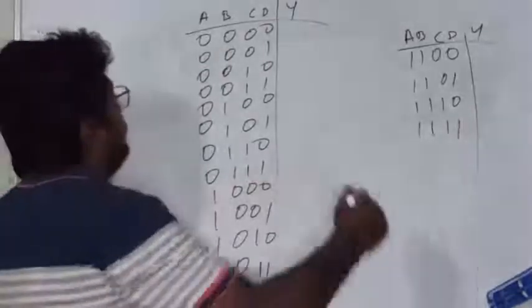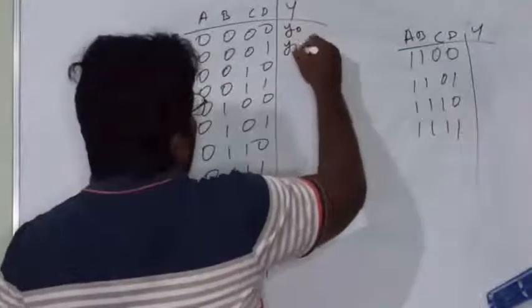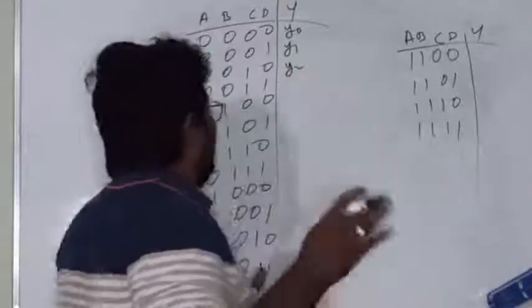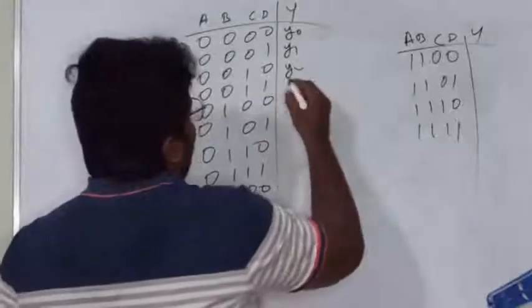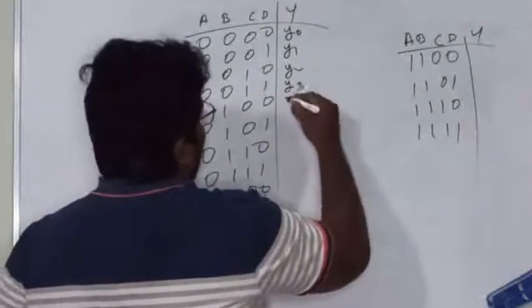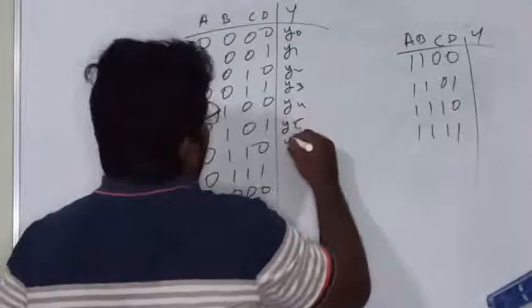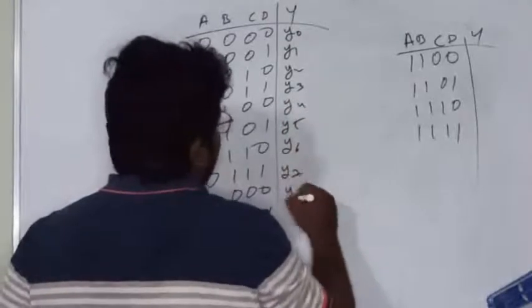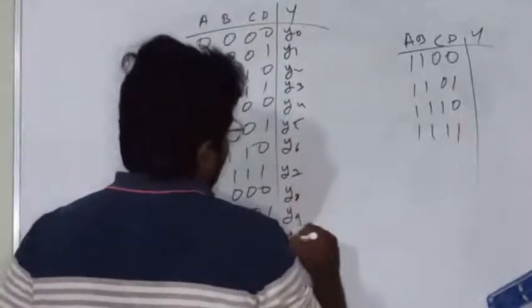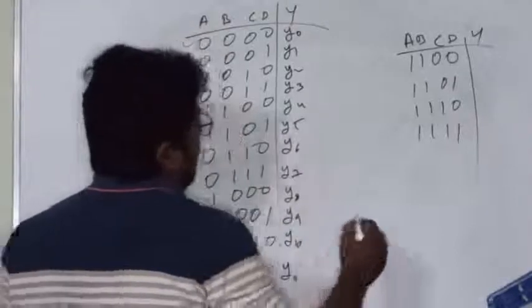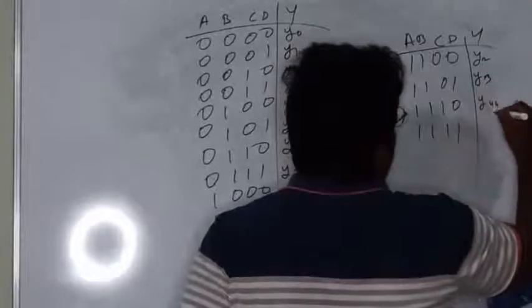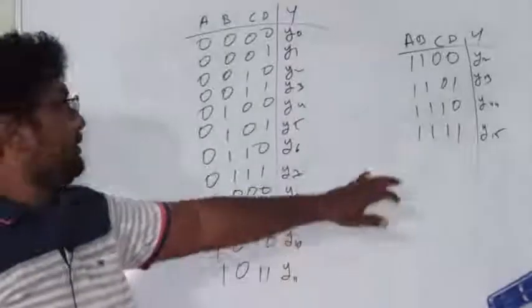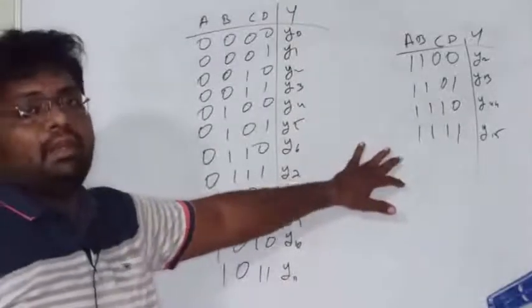So the outputs may be y0, y1, y2. It may perform any operation. So I am representing it here just as y3, y4, y5, y6, y7, y8, y9, y10, y11, y12, y13, y14, and y15. So this is the truth table for the four variable K-map.